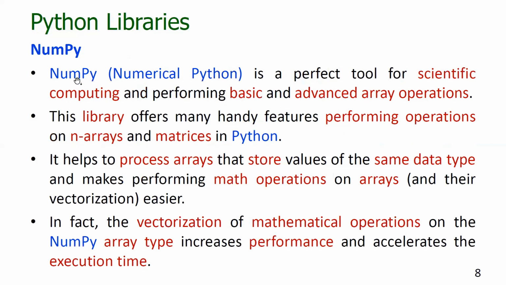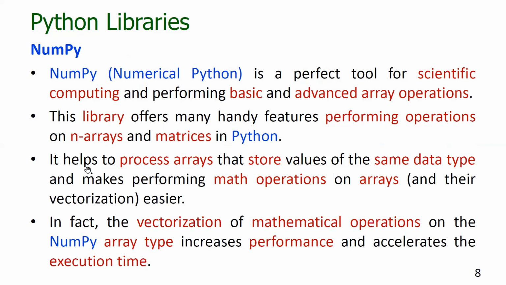The next one is NumPy, numerical Python, which is a perfect tool for scientific computing and performing basic and advanced array operations. This library offers many handy features for performing operations on n-dimensional arrays and matrices in Python.